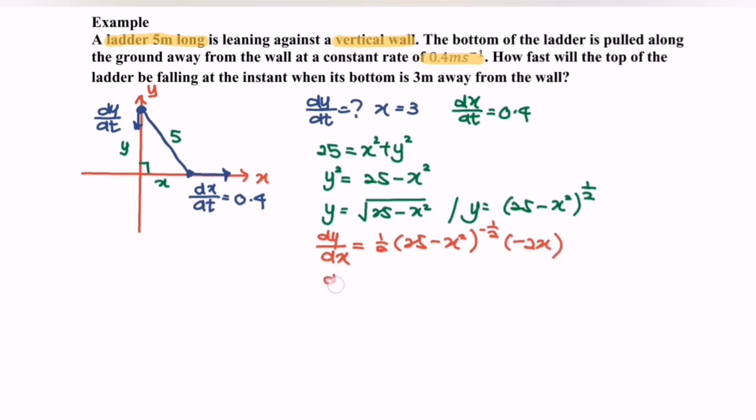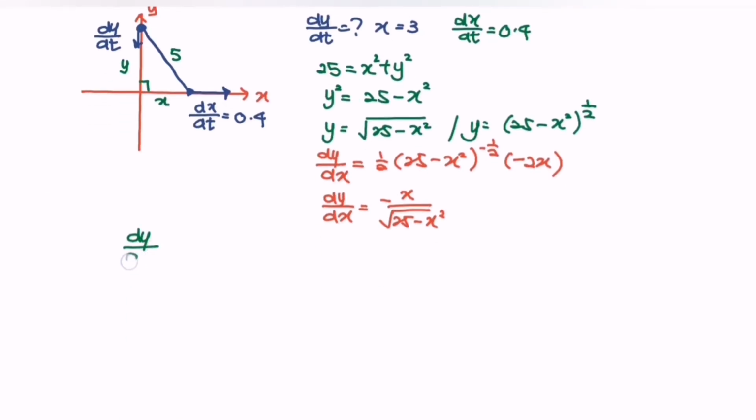Simplify the situation: dy/dx is equals to negative x over square root of 25 minus x squared. Next, we use the chain rule to find dy/dt. dy/dt is equals to dx/dt multiplied with dy/dx.